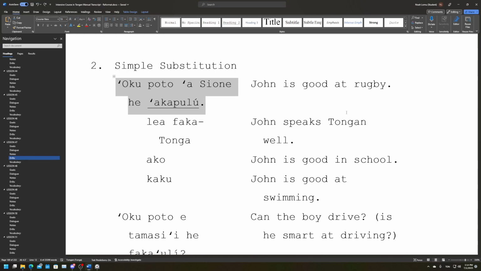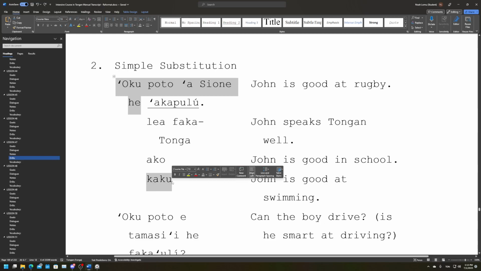No, no, no. Oh, okay. Is that really what it says?